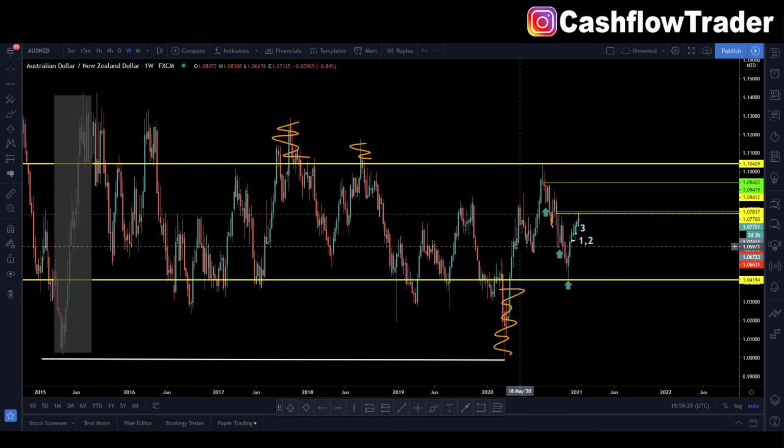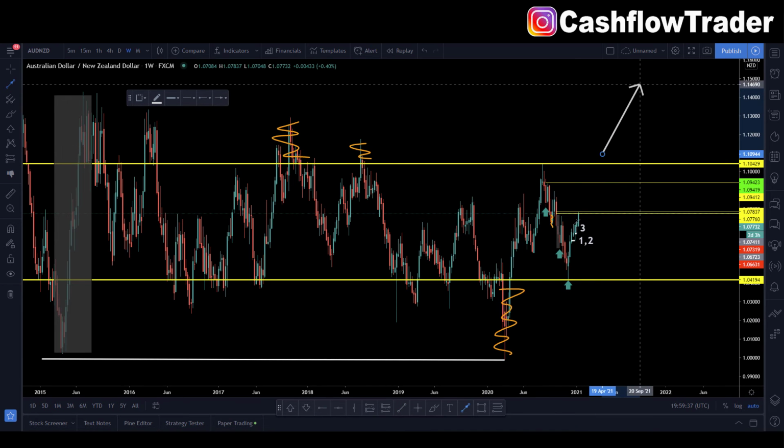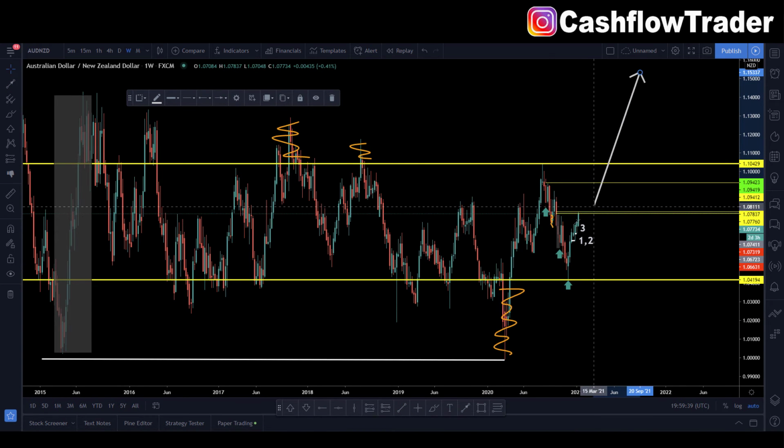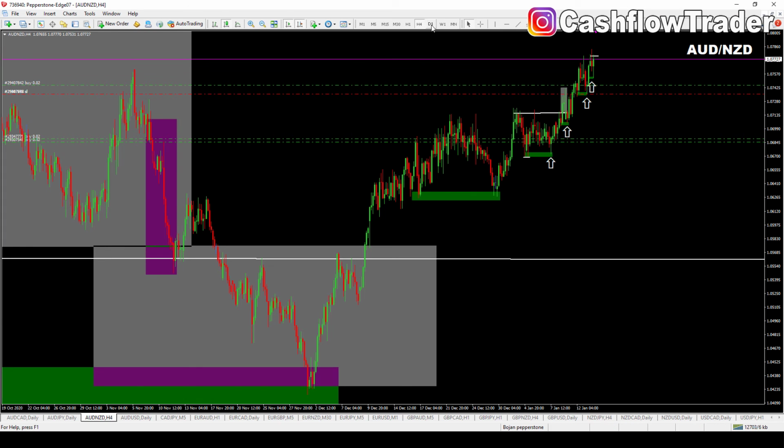Then also, that's the second indicator that's telling me that this market is going to go up to these levels. It's going to go above here. Currently I'm in doubt with my take profits.